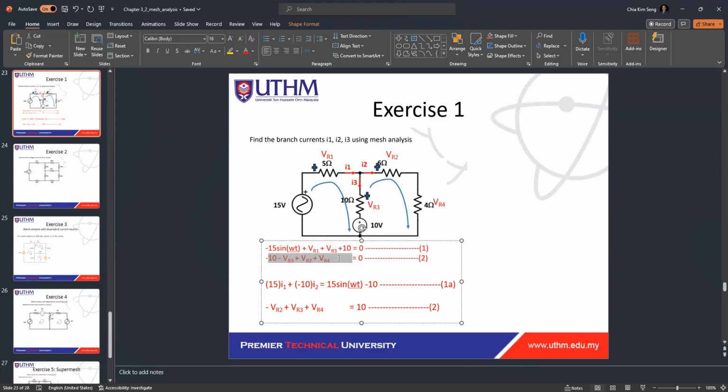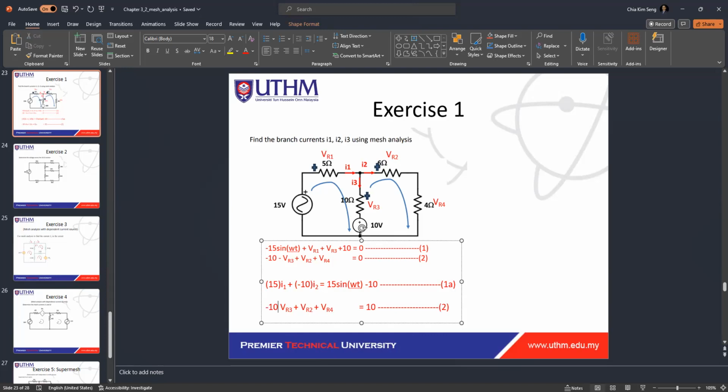So this one, please take note, this means this one should be number 3, number 2, and VR4. Okay, so let us start again. Minus, minus, positive, positive. Okay, clear. So now we can replace this one, V equal to IR. So the R will be the 10.